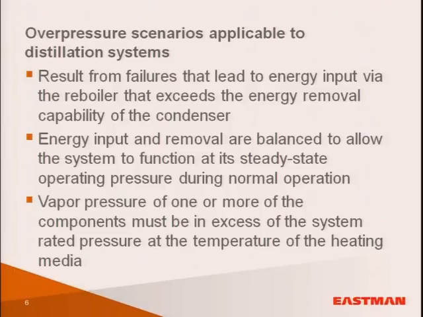However, we could get into an upset condition if we can no longer remove the energy that we are putting into the column. In order for an overpressure event to occur, we have to look at the vapor pressure of one of the components and determine if one or more of those components has a vapor pressure that's greater than our system rated pressure, or MAWP, at the temperature of the heating media.